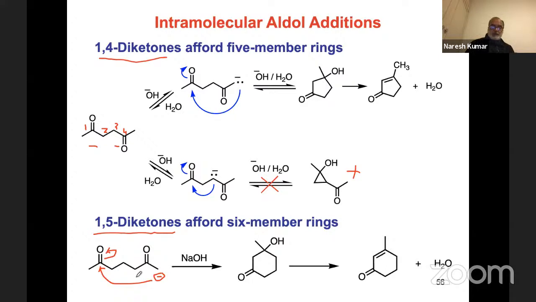If you take this carbanion here, then you will have 1, 2, 3, 4, a 4-membered ring, and 4-membered rings are not stable compared to 5 and 6-membered rings. That's why you get the 6-membered ring forming in that reaction. Think about it: if you make it a 1,6-diketone, what will you get? I'll leave it to you to think.